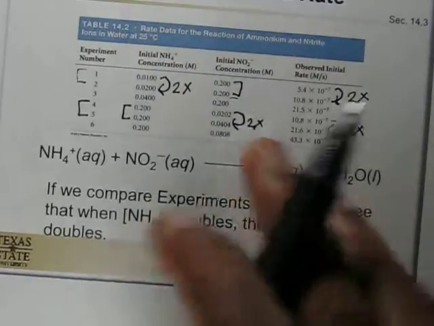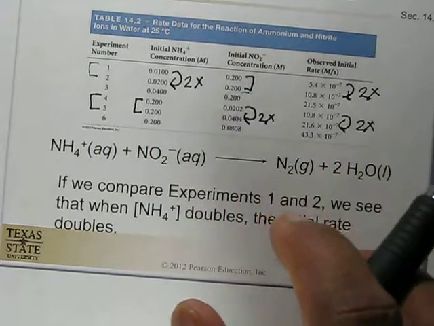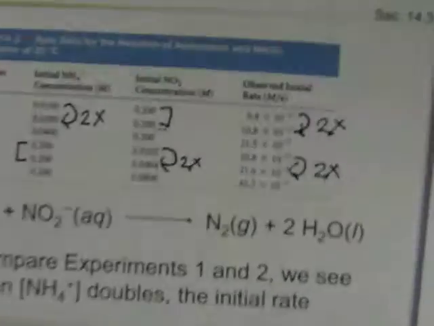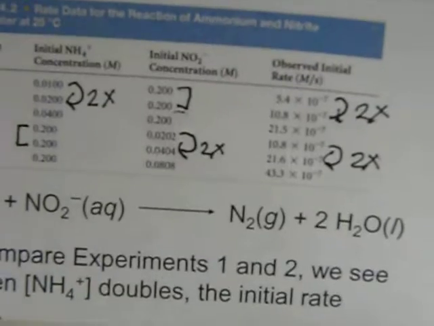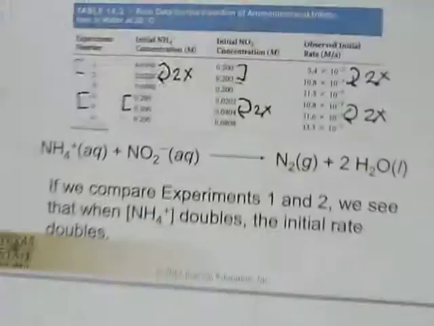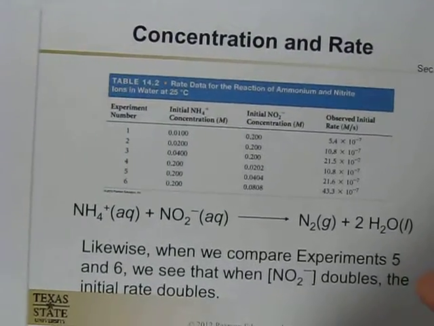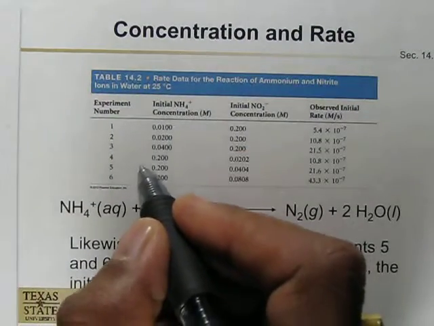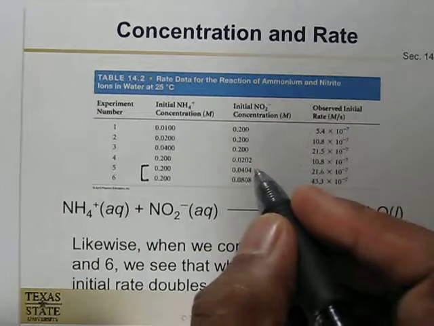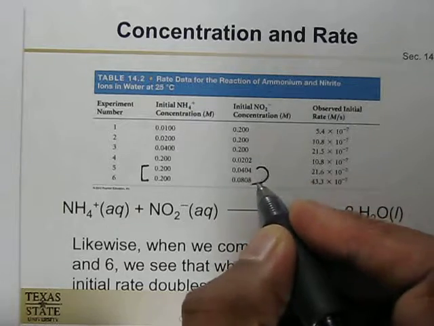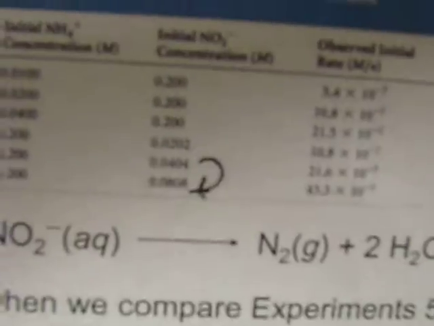Here I compared 4 and 5 so far, but either you compare 4, 5 or 5, 6, both will give you the same result. So let's compare 5 and 6, where the ammonium ion concentration is constant and the initial concentration of nitrate ion is double, right?